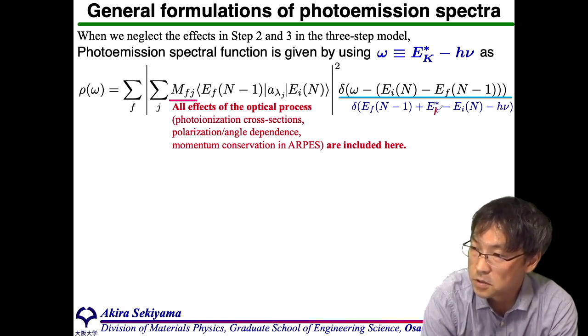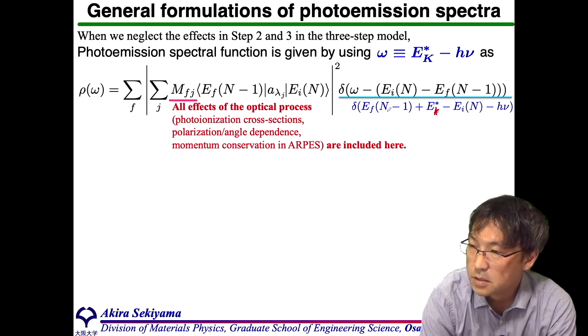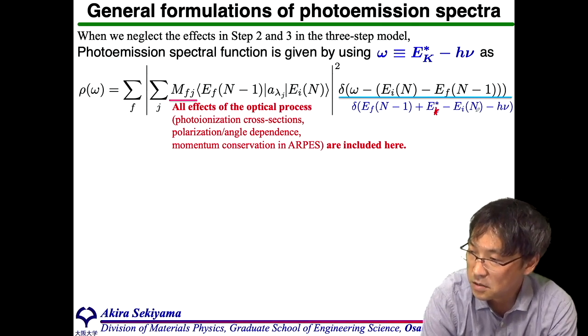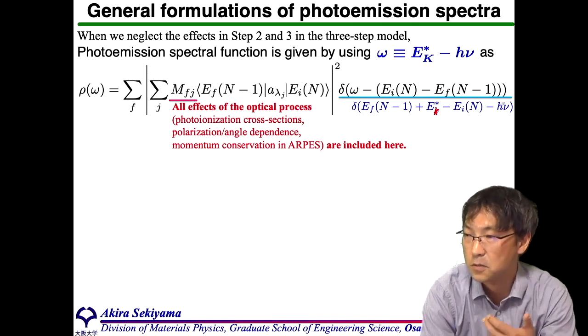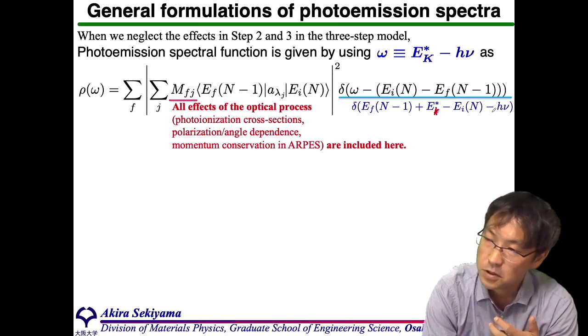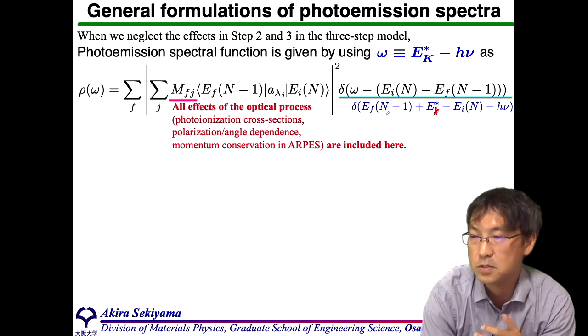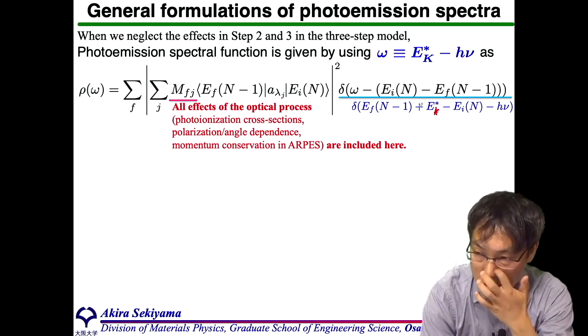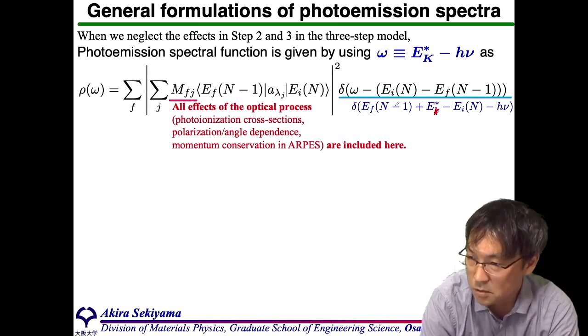Sorry, this capital scale is correct. Anyway, the initial state total energy is E_I^N, and adding the one-photon energy hν, that is equal to the photoelectron kinetic energy and the N-1 total energy.